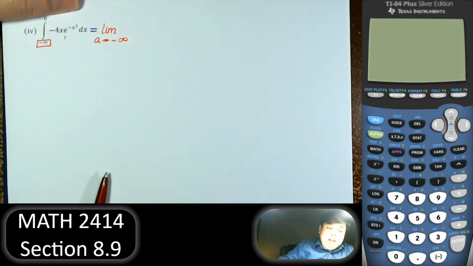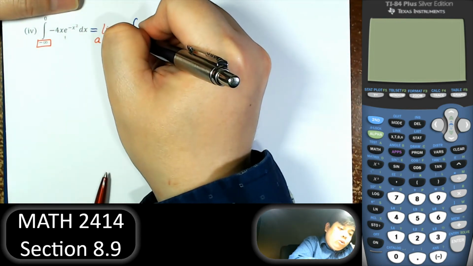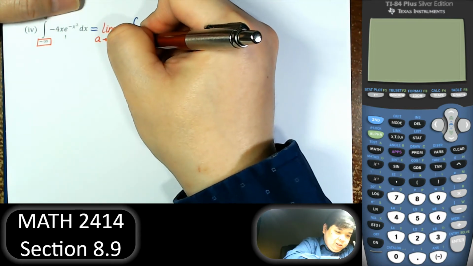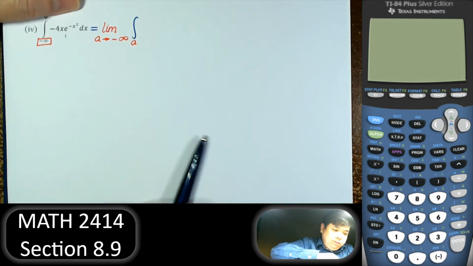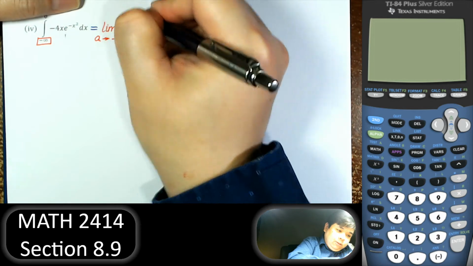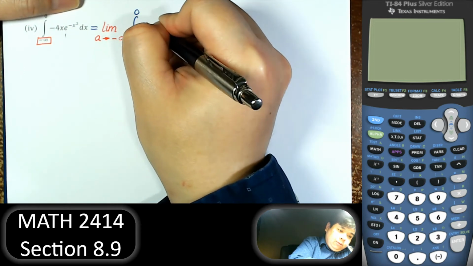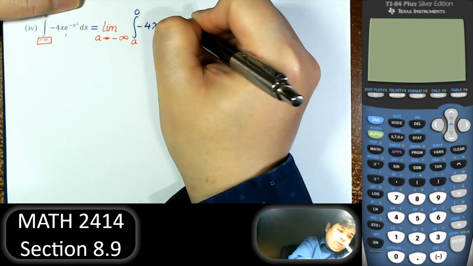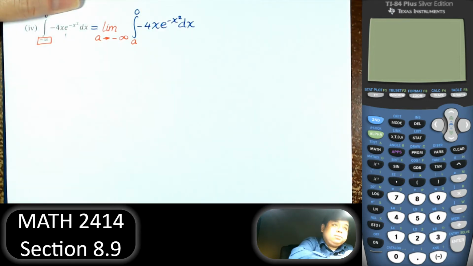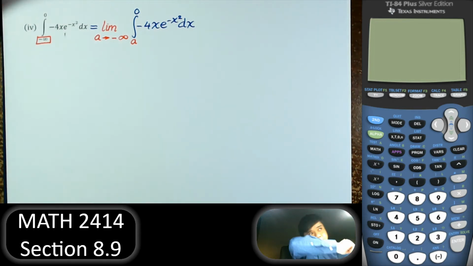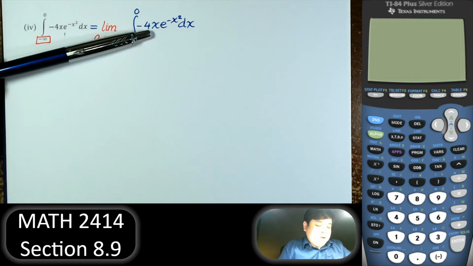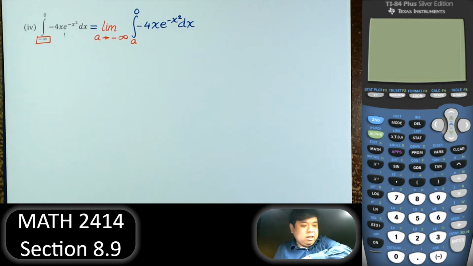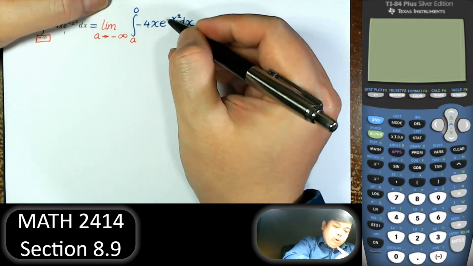So usually the upper limit we use b, lower limit we use a. Alright, now we just need to integrate this, and this is a typical substitution. So what I do is let u equal to negative x squared.